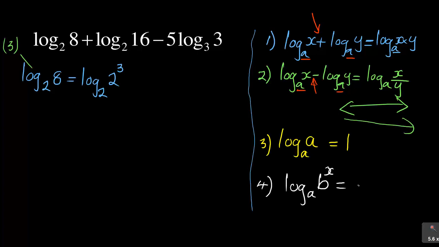This particular exponent will drop down to become x times log in base A of B. You can see what happened. I started with the exponent, and then the base and the number did not change. So I can continue, and this 3 will drop, so that I have 3 times log in base 2 of 2.